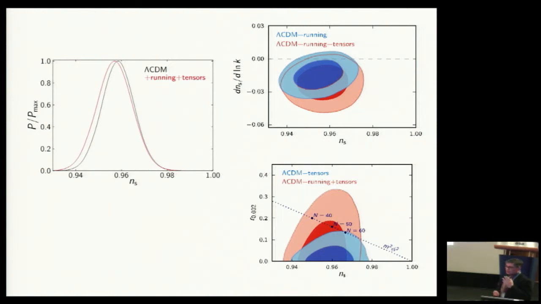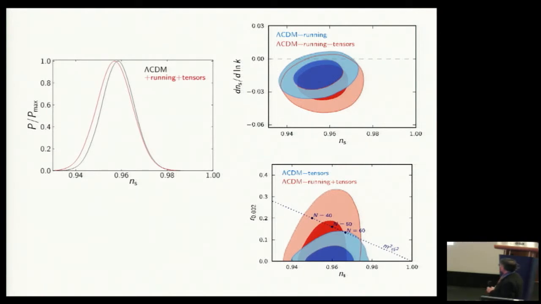So I think we can be pretty confident that this is actually a real feature of the primordial universe. The scalar spectral index is less than 1. There's no significant evidence for running of the spectral index, so this shows the constraint just with running and then adding tensors, all compatible with 0. And then this is the tensor scalar ratio at a wave number of 0.002 inverse megaparsecs.